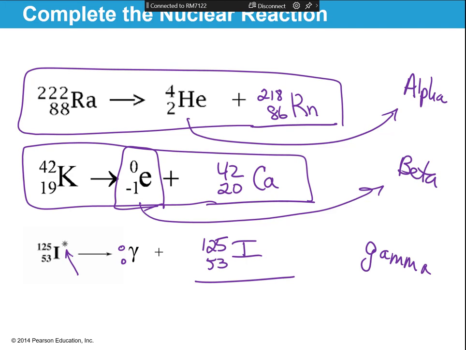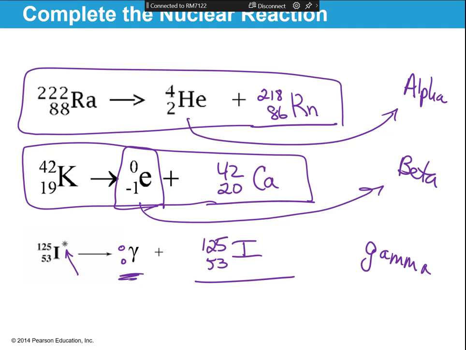So that little asterisk is sort of like energized iodine. And then on the product side, that asterisk is not there because it has lost this. So that little gamma symbol represents the energy that is released when this atom of iodine has shifting and rearrangements in the nucleus of those very large number of neutrons.